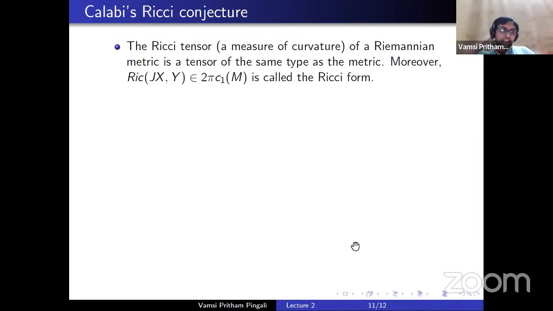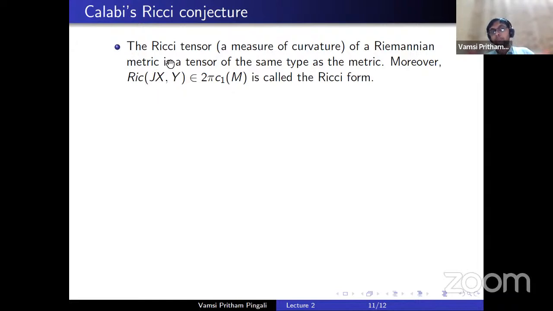Now, just like you can form a 2 form out of the metric tensor if you give me a metric that is compatible with a complex structure J, you can form a 2 form omega out of it. How do you form it? Omega of x comma y is g of jx comma y. Just like that, you can form a 2 form out of the Ricci tensor of, let's say, a Kähler metric. And the 2 form is Ricci of jx comma y.